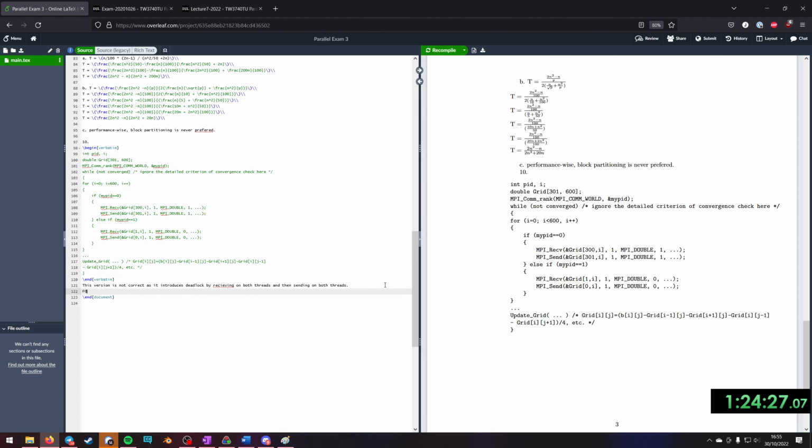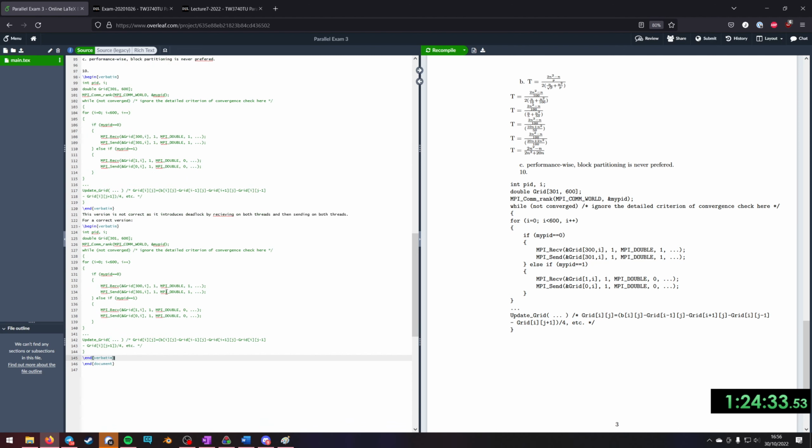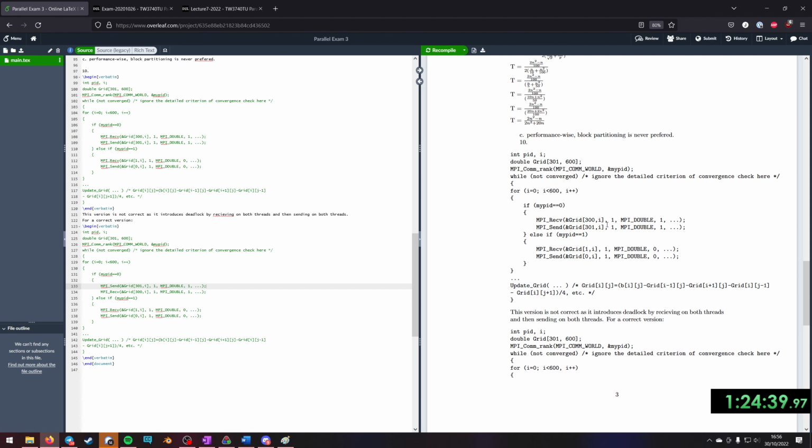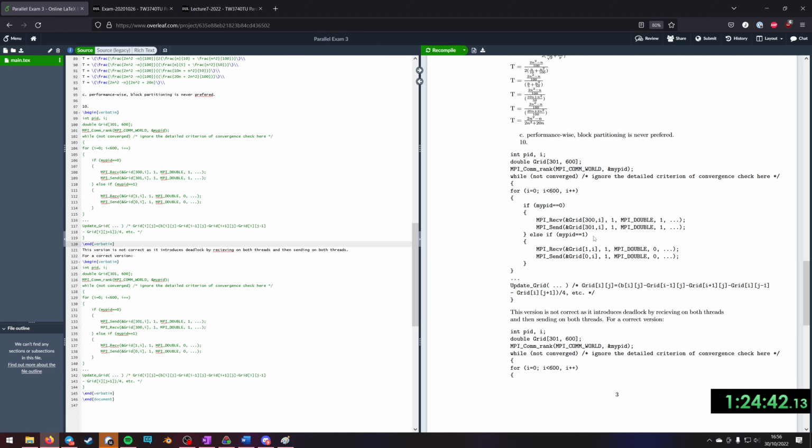For a correct version, and even that I'm not sure works. Oh no, it does, because it's sending 300 and then receiving in place 1. Although I'm not even sure.